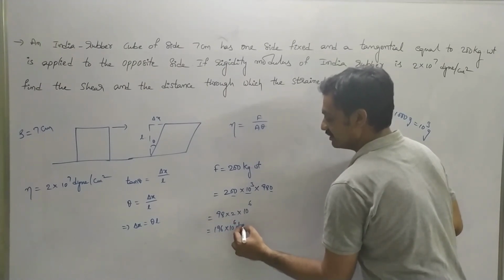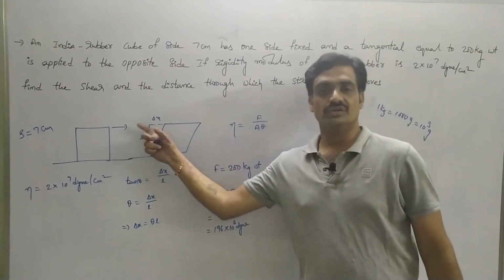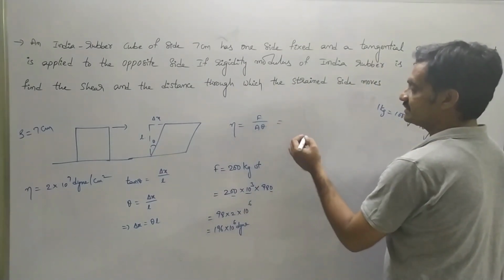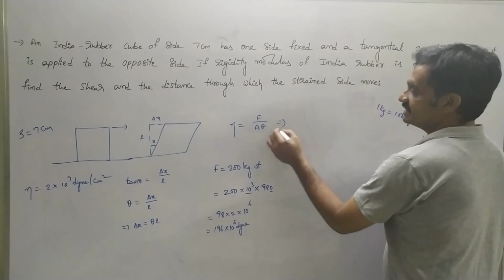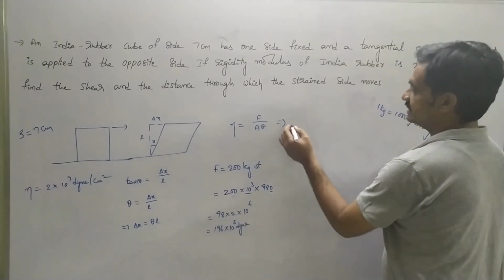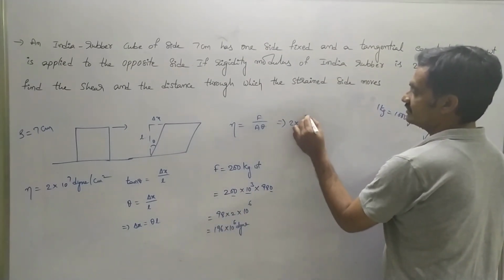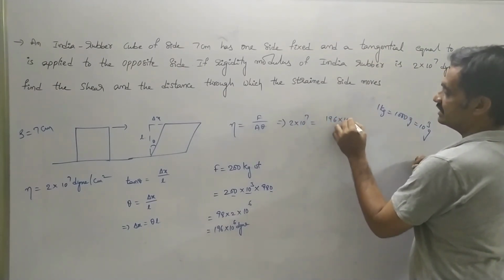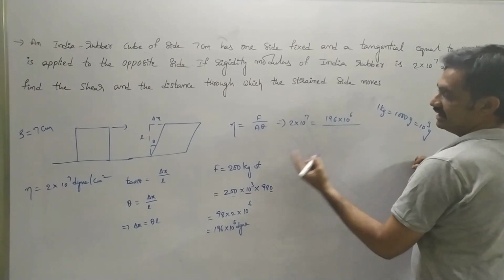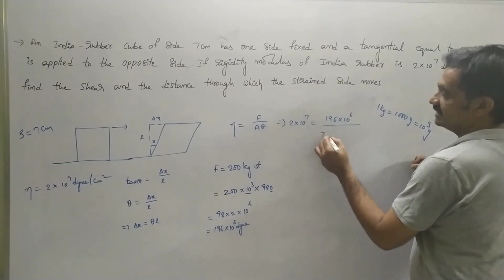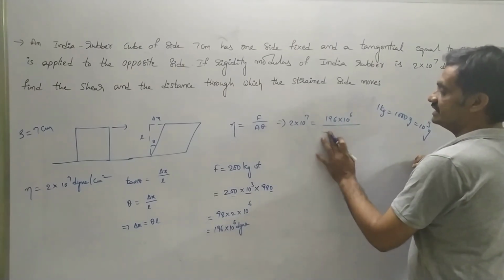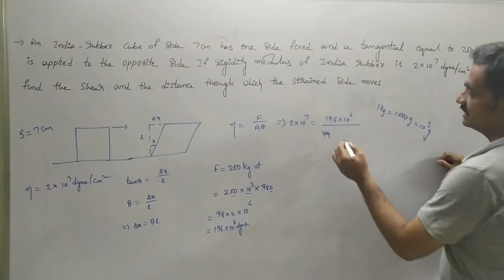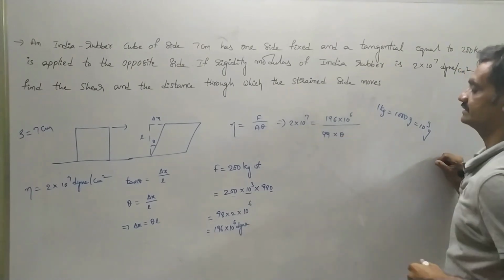So this is the amount of force acting on the cube. On the other side, as we substitute all these values in this expression, observe that eta, the rigidity modulus, 2 into 10 to the power of 7 is equal to 196 into 10 to the power of 6 by area, which is 7 into 7 is 49, into theta.